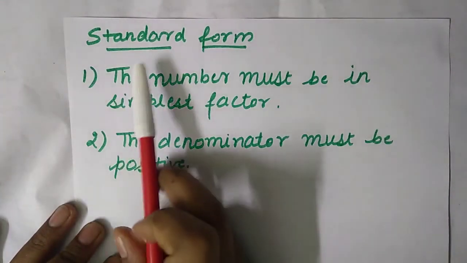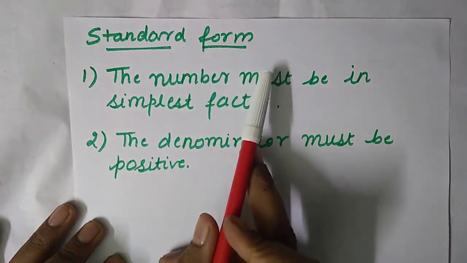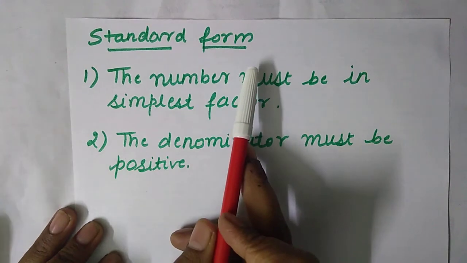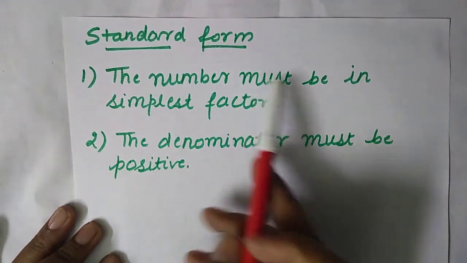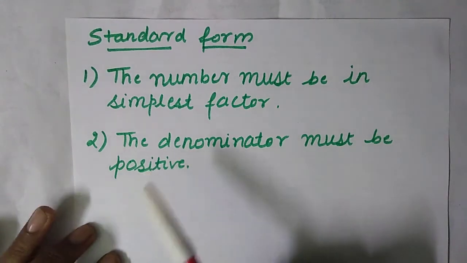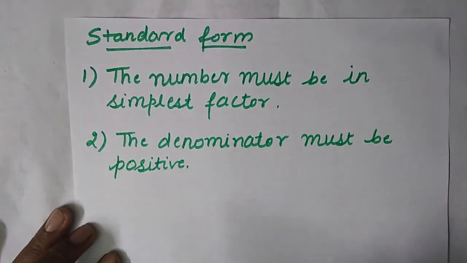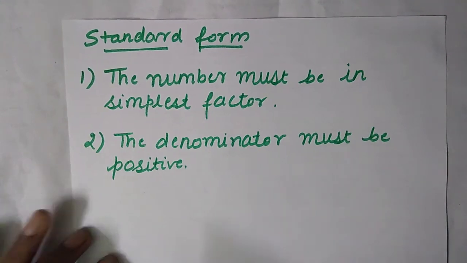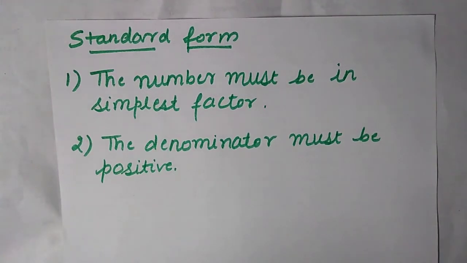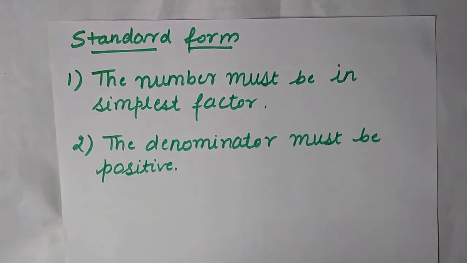So students, before starting the standard form of rational number, let me recapitulate the previous concept that we have learned in lecture number 1. We started with the definition of rational numbers. We have learned that rational numbers are the numbers that can be expressed in the form p by q, where p and q are integers and q must not equal 0.